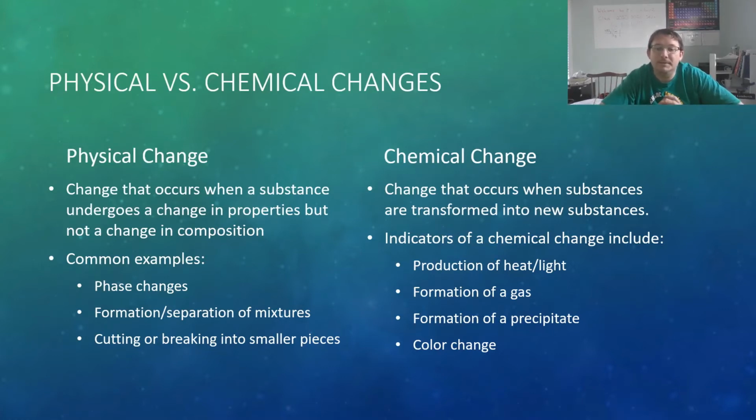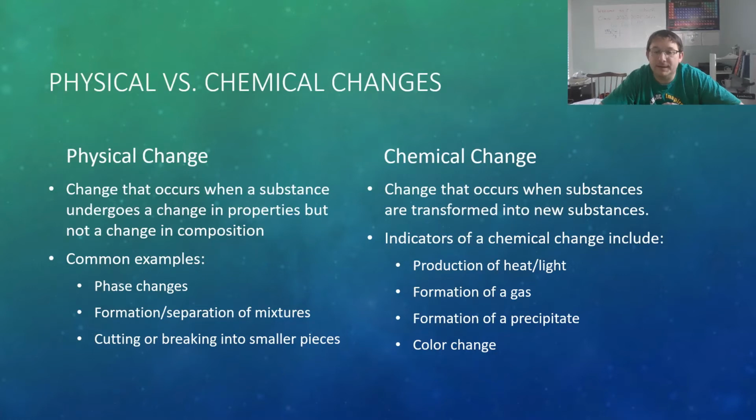Formation of a precipitate. Remember with double replacement reactions, when you mix two solutions together, if it forms a precipitate, that is a solid forming from solution. That is the definition of a precipitate, when a solid forms from solution. You can also see this with a single replacement reaction. Not all single replacement reactions will form a precipitate if they will react.